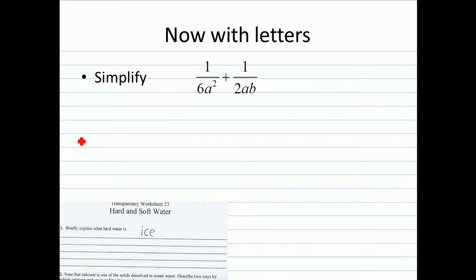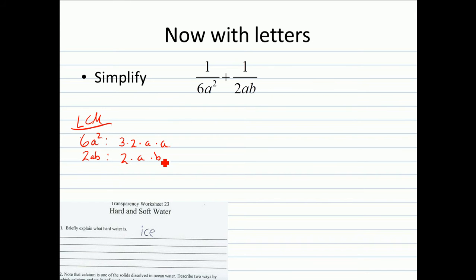So what I'll do is off here, with 6a squared and 2ab, I'm going to try and find the lowest common multiple between these. So here, if I break 6a squared all the way up, that'll be 3 times 2 times a, right? And if I break up 2ab, it's just going to be 2 times a times b.